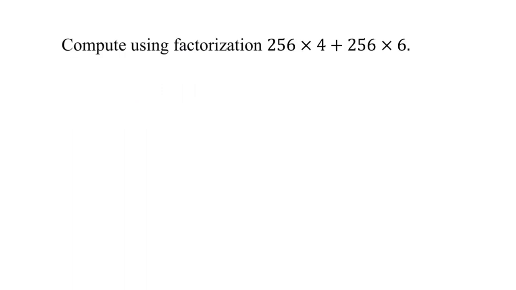Alright, for this particular question, we are required to, very importantly, use factorization to compute. Meaning that we probably have to see if there is any common factor. And I do see one.